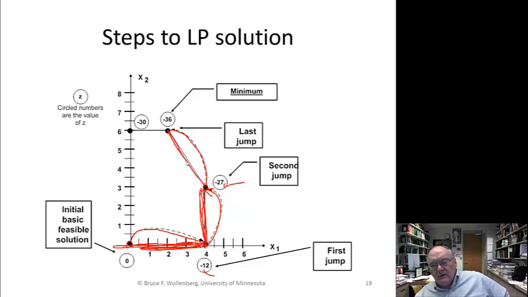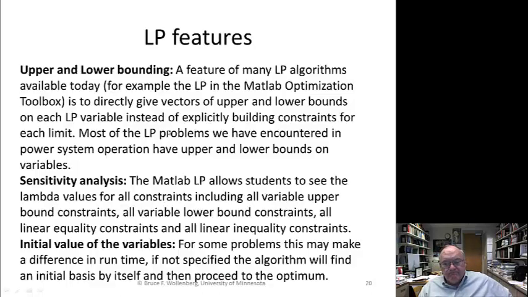This is always true of LP until you get to the top here, and that's the minimum down here. So that's the solution. And the process that we're using here to go from this to this to this to this is that pivoting. So you pivot once, then you pivot again, then you pivot again, and you get to the minimum solution.